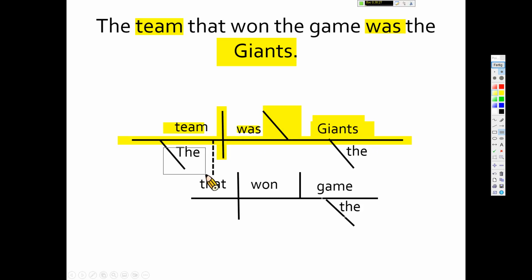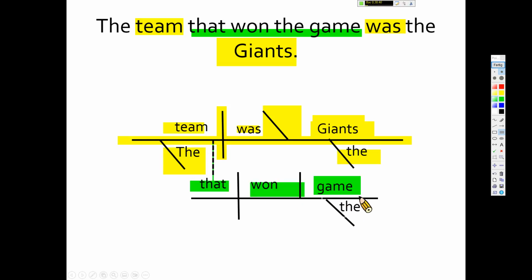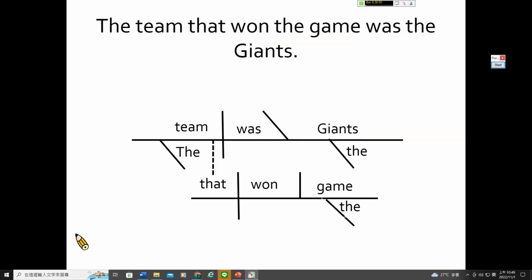And the is used to modify team. The is used to modify the Giants, right? But we have an adjective clause here, so we put here connected that, and this is the subject that the team won the game. So this is the structure we want. I noticed that most of the students have been correct in this one. It's a good sign.